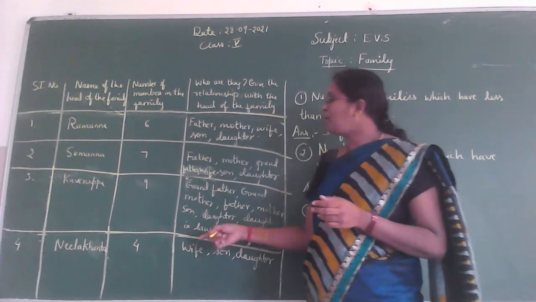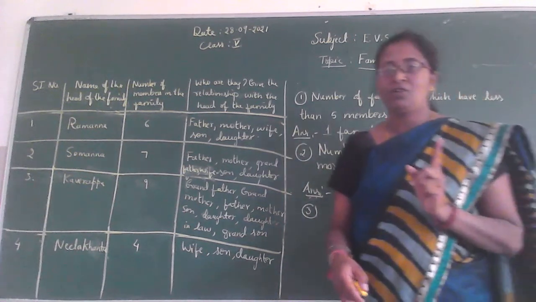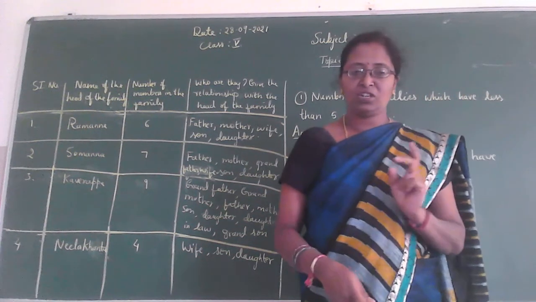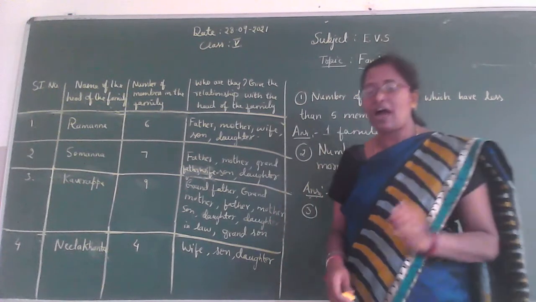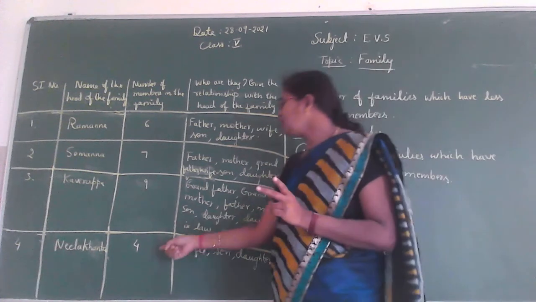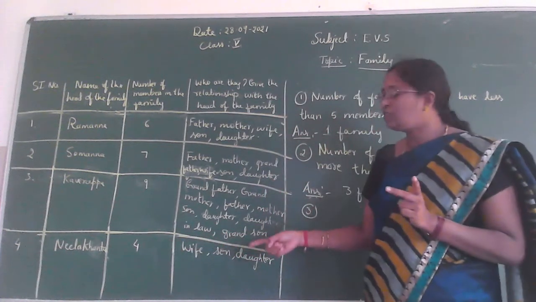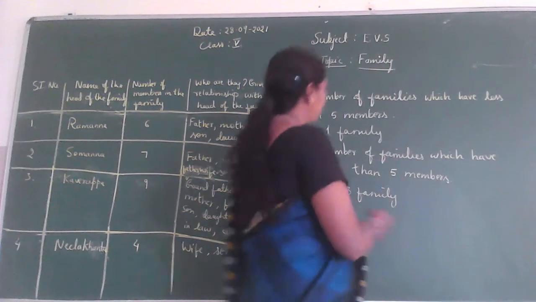In this table, we have only one family that has only 2 generations. So my question is, write the number of families which have 2 generations. Tell me the answer, children. Only one family has only 2 generations.